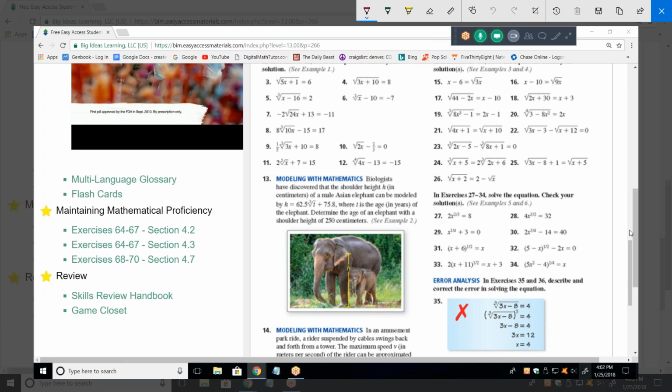x squared minus 20x plus 100. That's a neat trick to be able to square those without having to actually FOIL it. And I presume that's what you're doing, right?